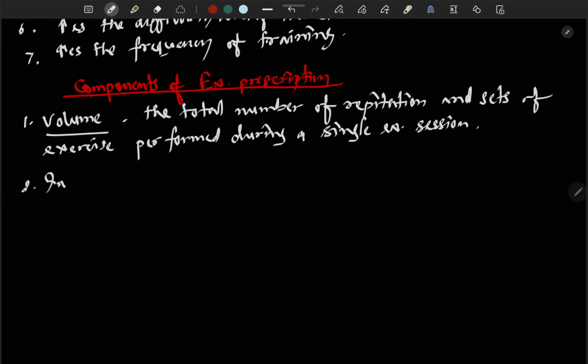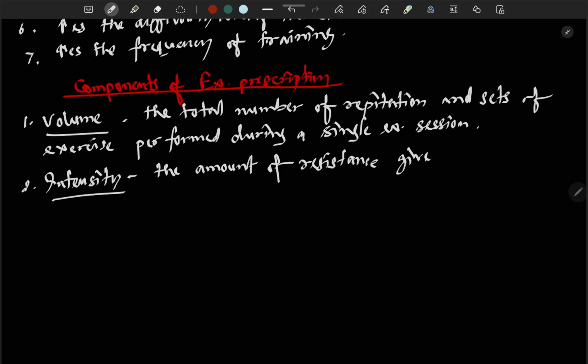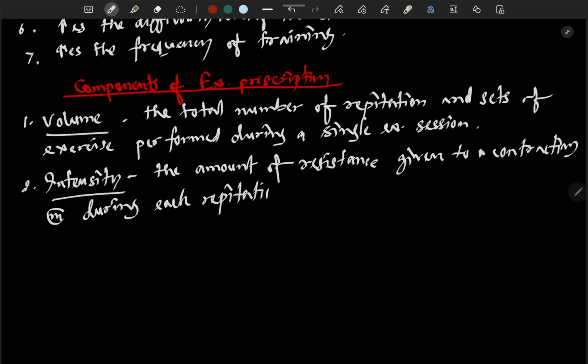Number 2 is intensity. The amount of resistance given to a contracting muscle during each repetition, that is the intensity.